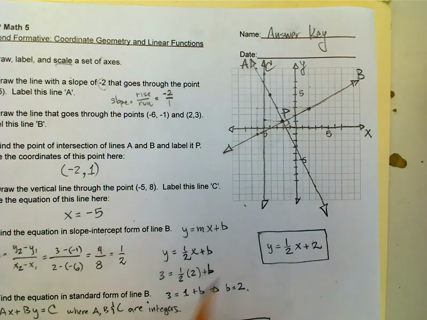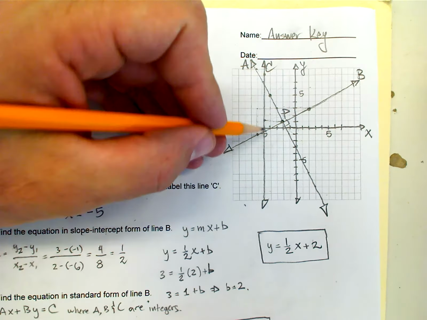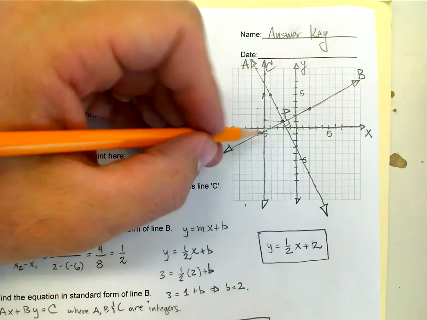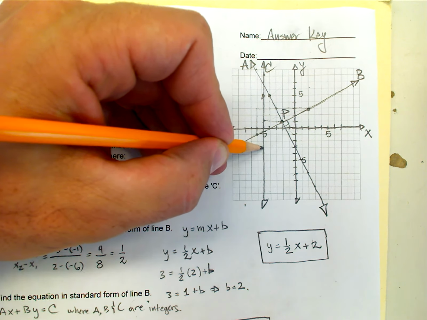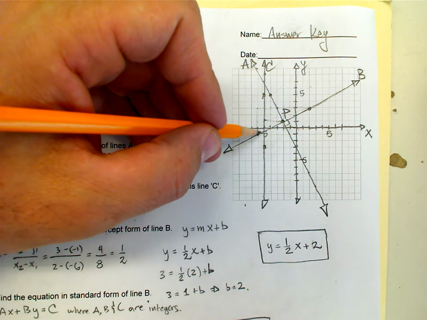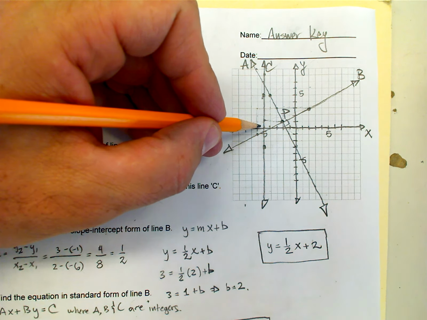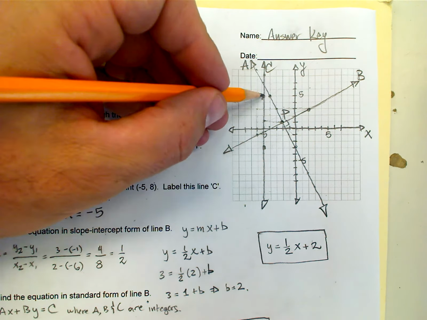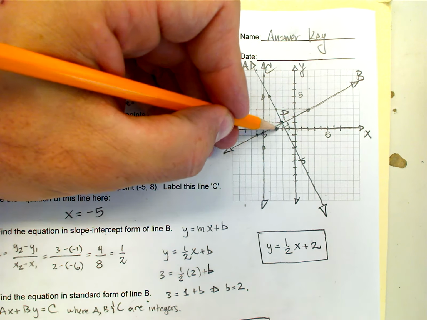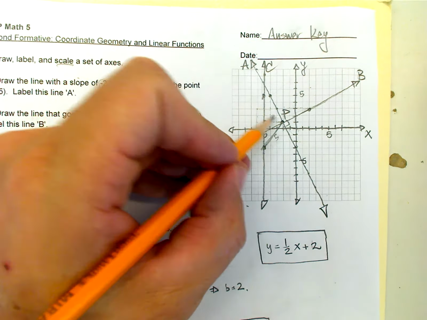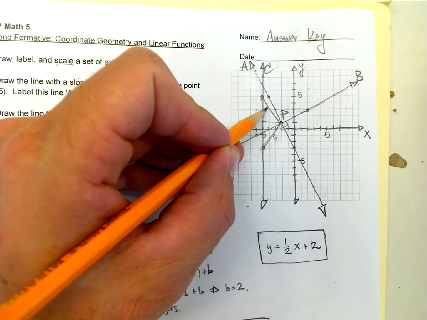And let me plot those points back up here on the graph. Negative 5, positive 1, 2, 3, 4, 5. That's right there. And negative 5, 1, 2, 3, negative 3 right there. Yeah, that's right. So this distance has got to be 5 units, and this distance also 5 units.